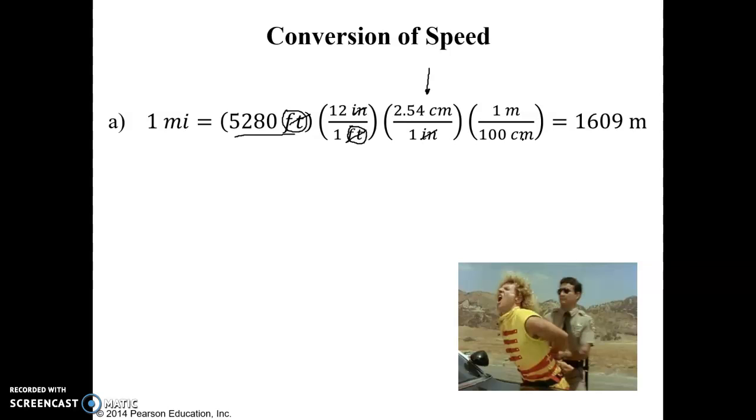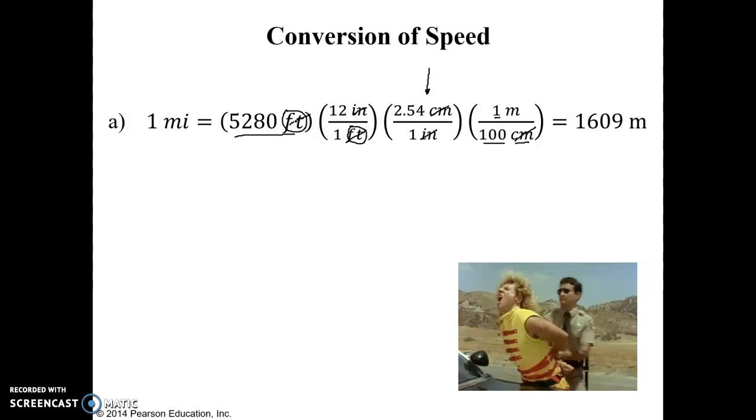So again, we're going to have to get rid of centimeters by putting it on the bottom here so that the centimeters and centimeters will cancel out. And the relationship between meters and centimeters is that for every 1 meter, there are 100 centimeters. Like there are 100 cents in a dollar. Centimeter, cent. So finally, we've gotten to our desired unit here of meters.